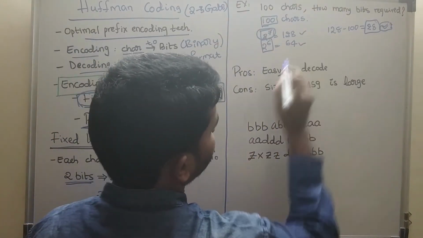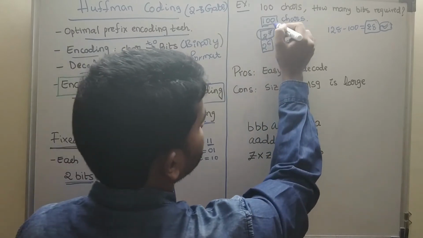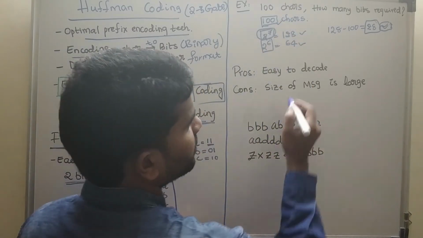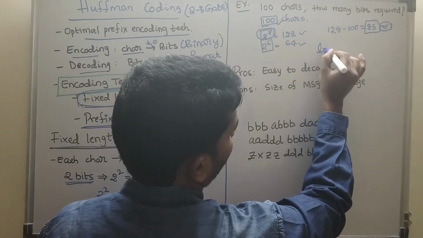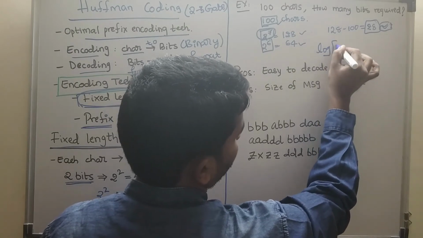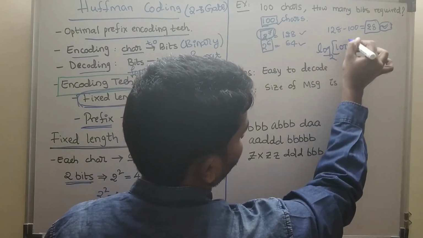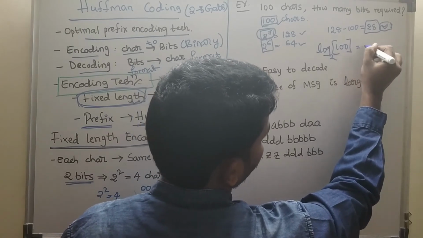This is a good example of how to represent these 100 characters. How many bits do you need? Take log of 100 base 2.